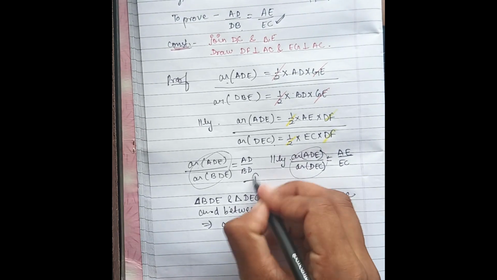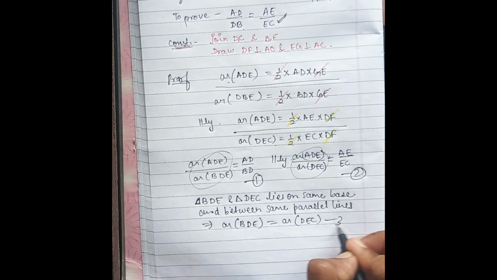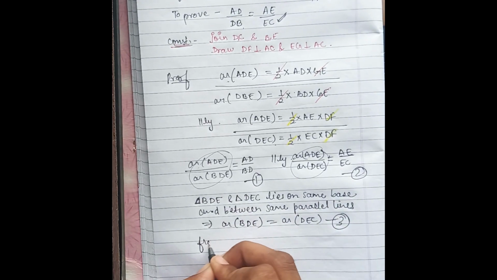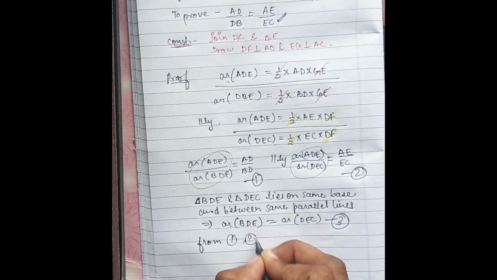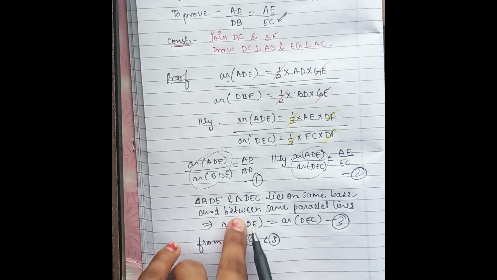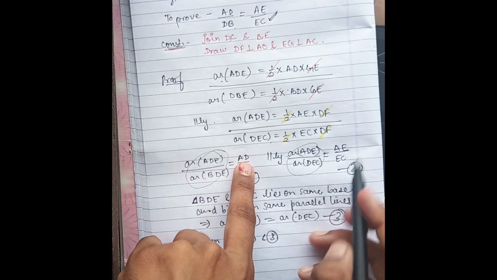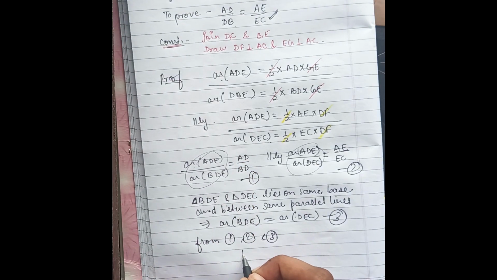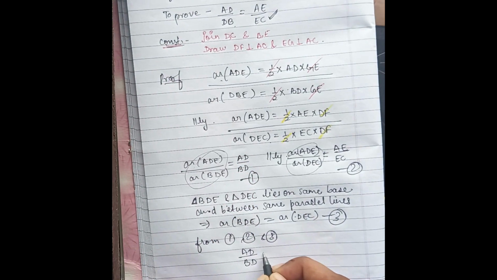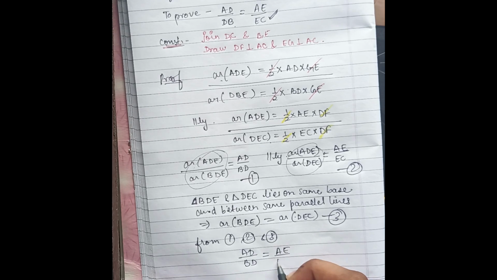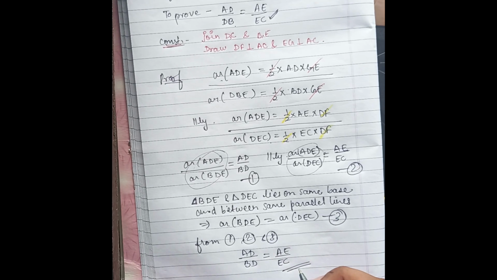Okay, so from 1, 2 and 3, what we can say, if these two areas are equal, these also become equal, the upper one was the same, so the whole ratio will become equal. It means from 1, 2 and 3 we can say that AD upon BD is equal to AE upon EC. By this our theorem completes.